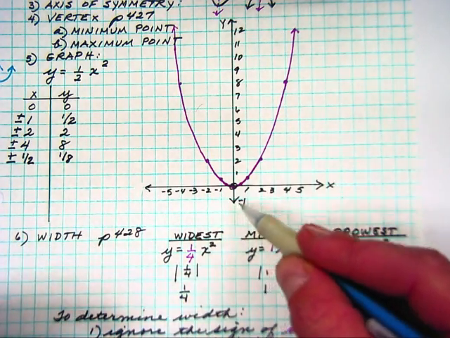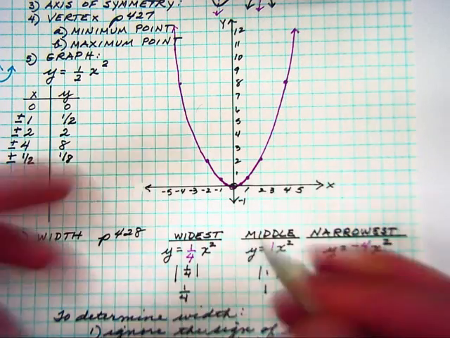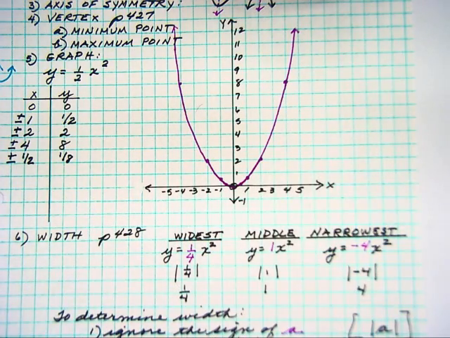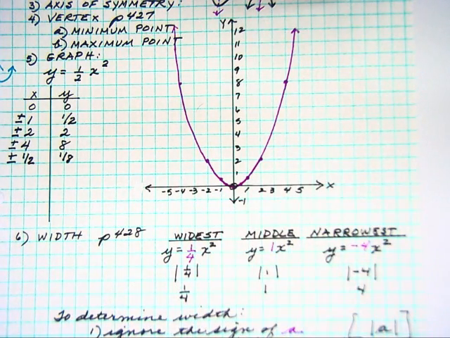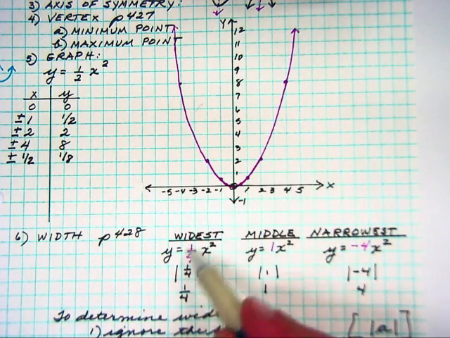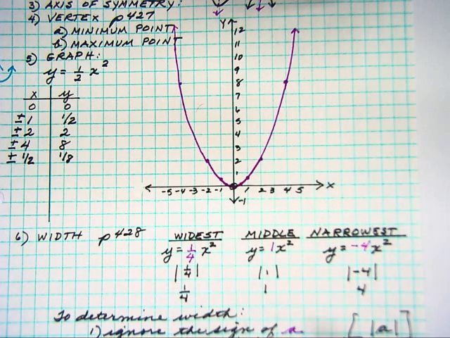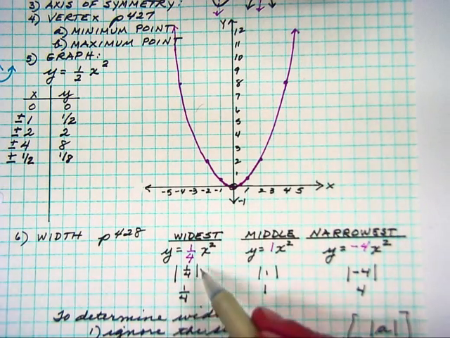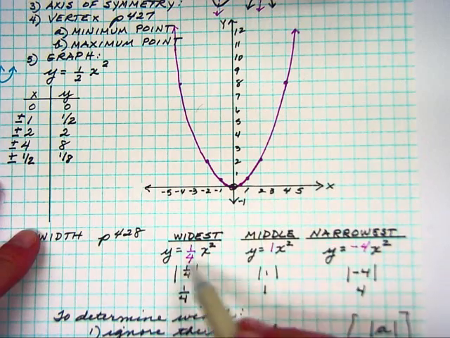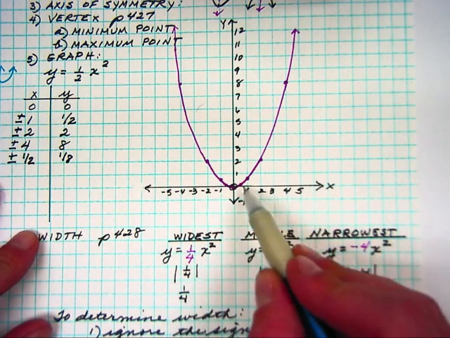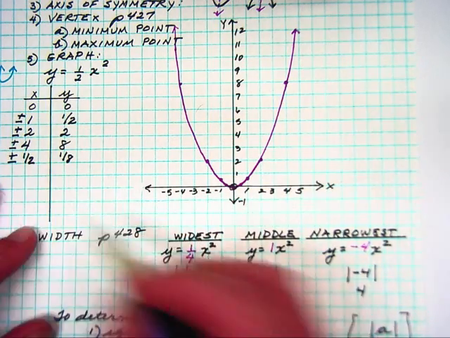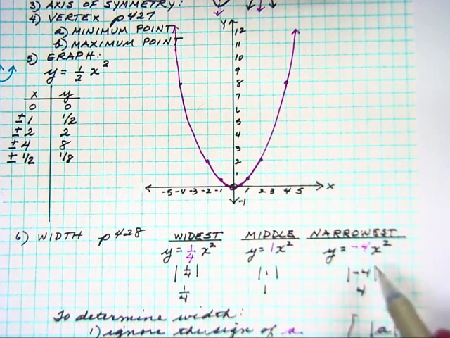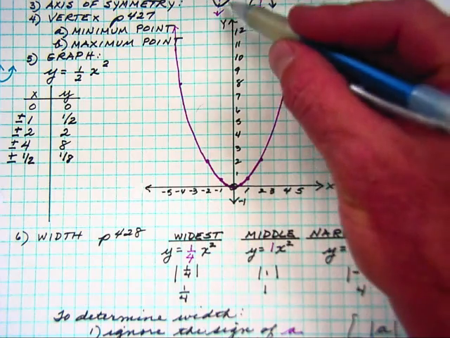It's going to be shooting down very quickly, kind of like a very tight upside down A. So you don't look at the sign of a, you just look at the absolute value of it, how close it is to 0. So if you had 0.001x squared, that would be opening up way wide like this. If you had y equals 600x squared, that's going to be super tight like this.